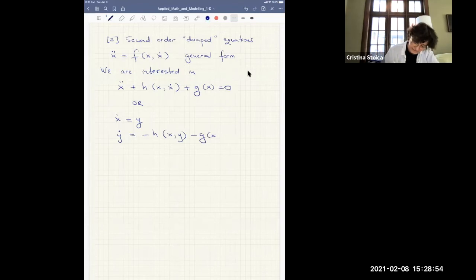So they have this kind of template, right? This is written as a second order ODE. And this is writing it as a first order system, okay?